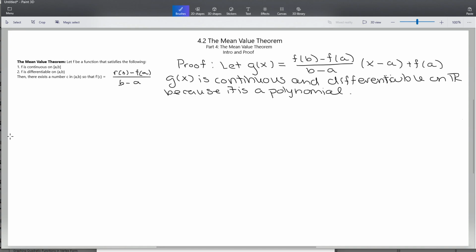Specifically, g of x is a linear function, so we know that it is going to be continuous and differentiable everywhere. Okay, and then we're going to define another function, h of x. So this is just going to be the function f that's described in the theorem minus this function that we just defined, g of x.